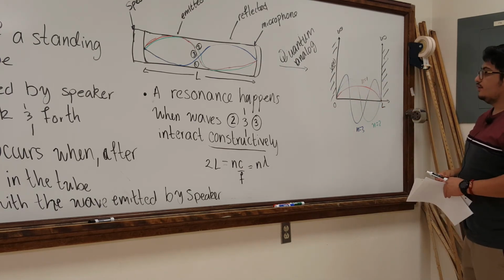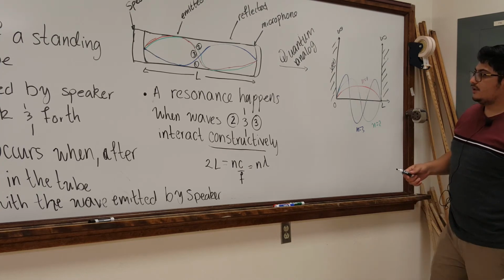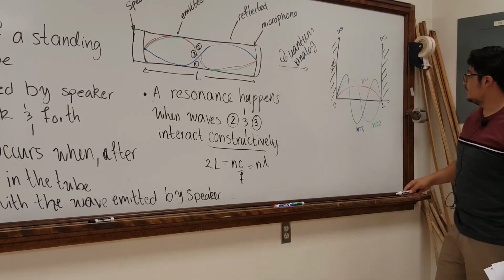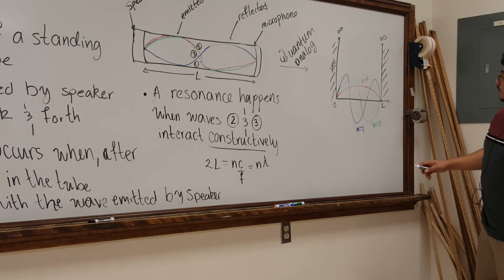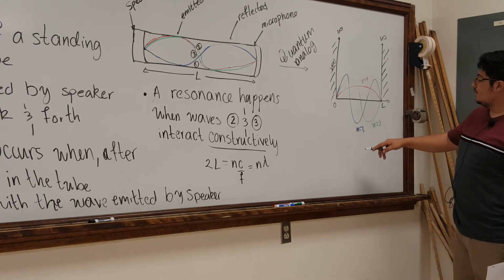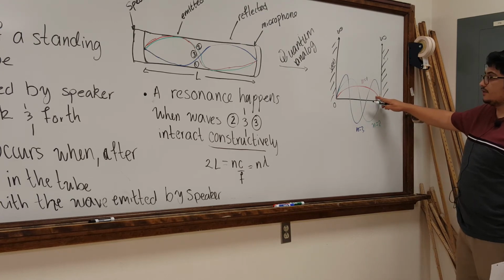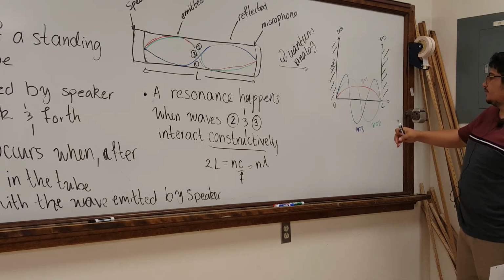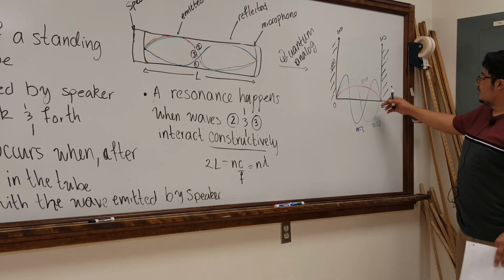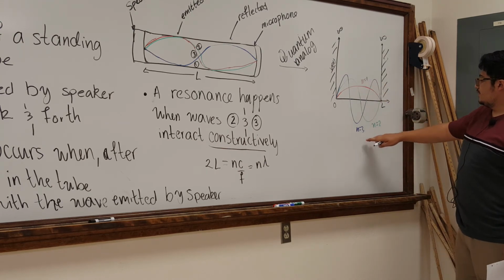Alright, so how does this relate to the case I just talked about? Now think about what we call eigenstates. Instead of talking about resonance, we're talking about the energy states here.